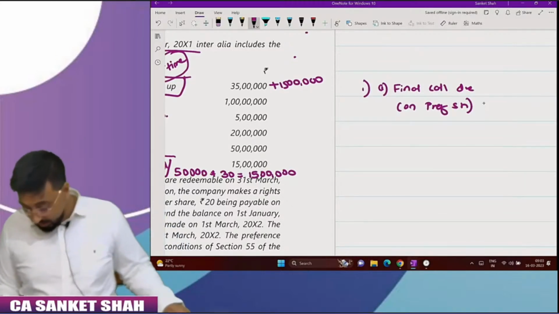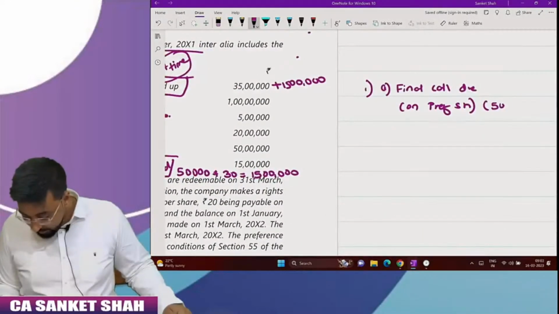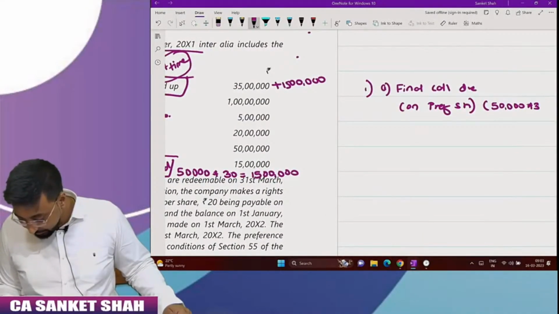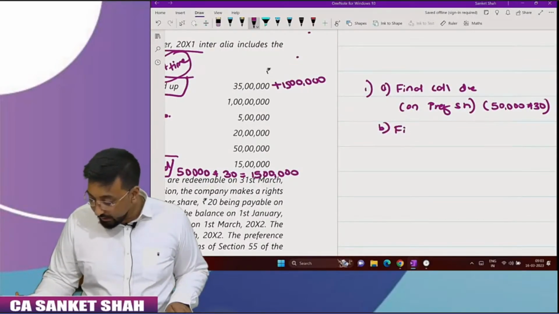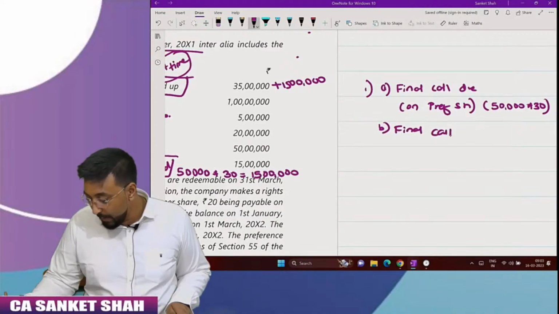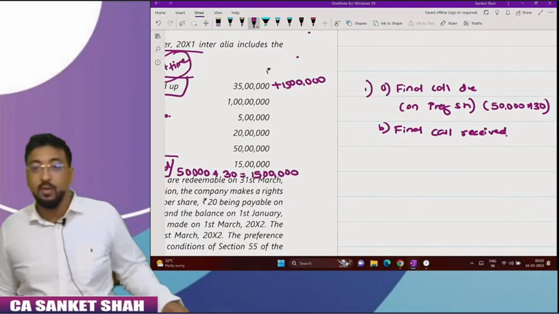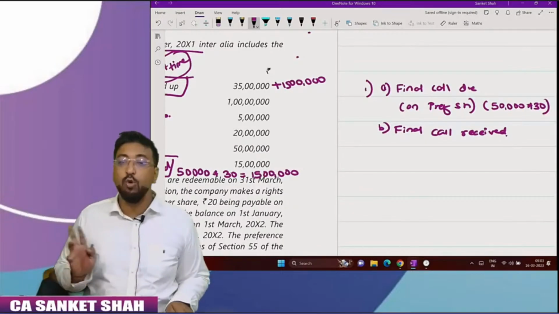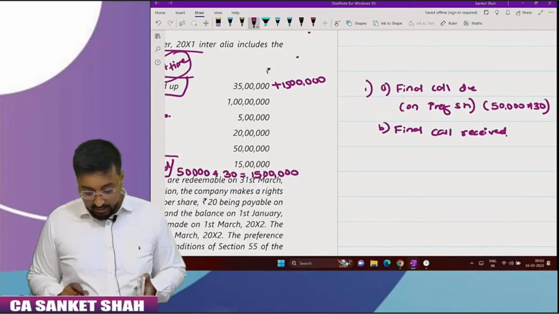How many shares? 50,000 into 30 rupees. Sequence is important. And then final call received. So beta, there are two entries. One is final call due and second one is final call received. Easy? Yes, easy.